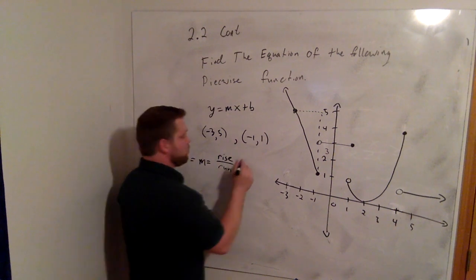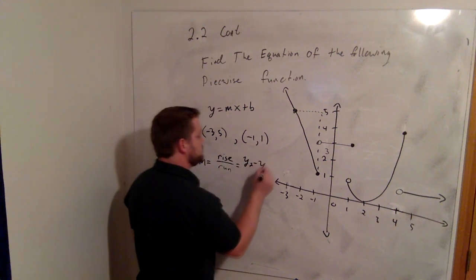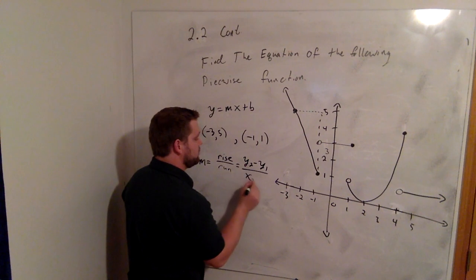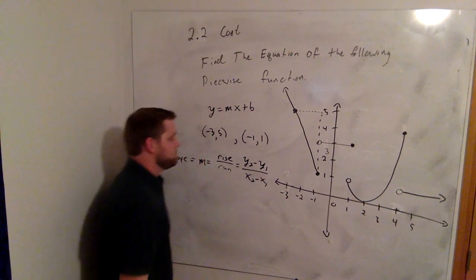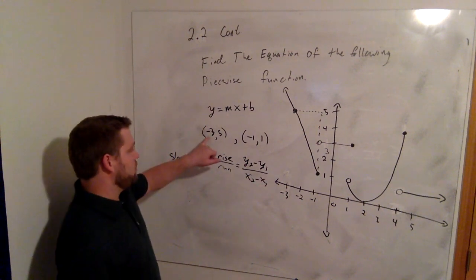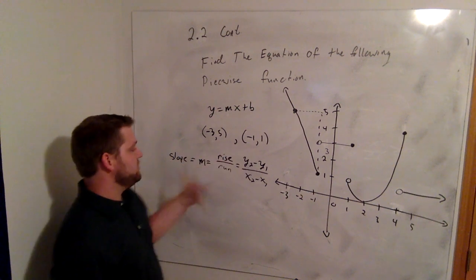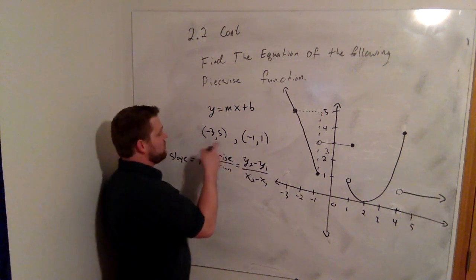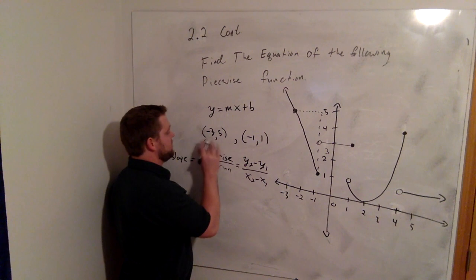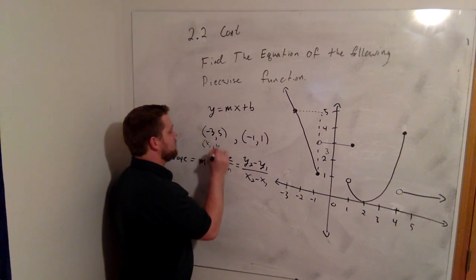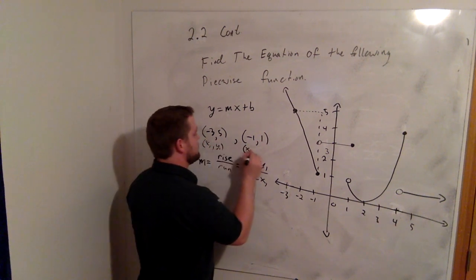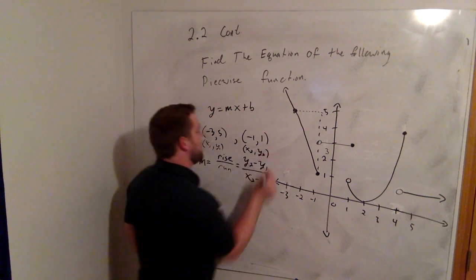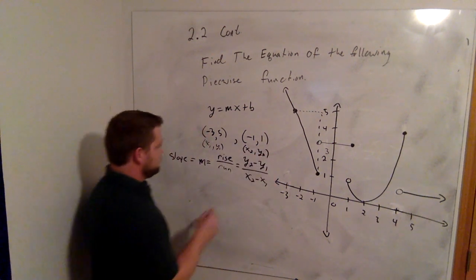So it's a change in my y value: y2 minus y1 all over x2 minus x1. It doesn't matter which point you call point 1 or point 2. Let's call this our x1 and y1, and this our x2 and y2.